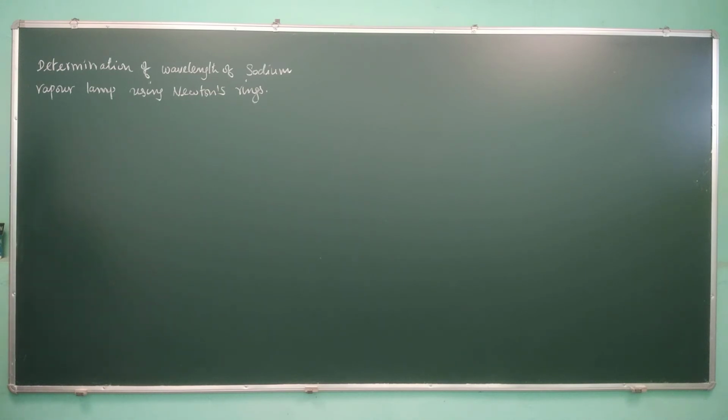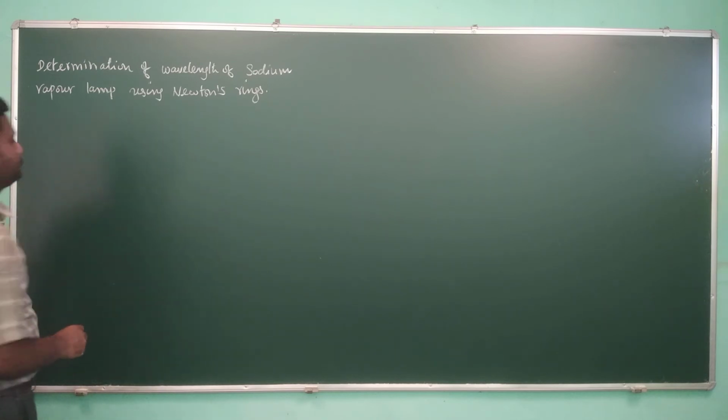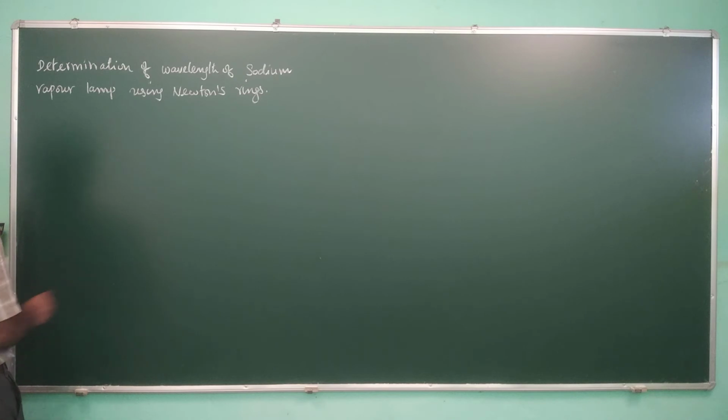First, let us draw the experimental setup for the Newton's rings. It's nothing but the one equal to the one that we have discussed in the previous lecture for the calculation of the fringe width with the air wedge. In the place of air wedge, we are going to replace it with the Plano convex lens system.